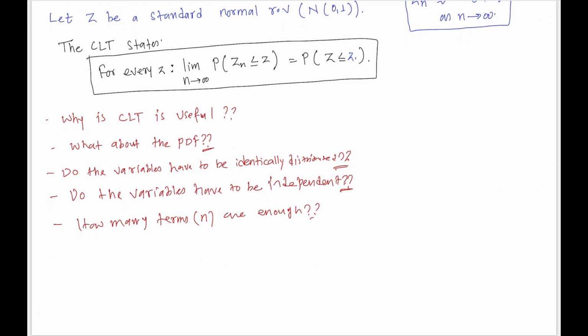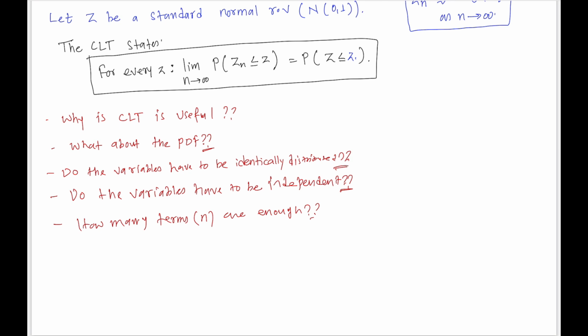The first question is, do the random variables have to be identically distributed in order to apply the central limit theorem? No. Even if they are kind of similar, we can apply the central limit theorem. It does not have to be exactly identical.